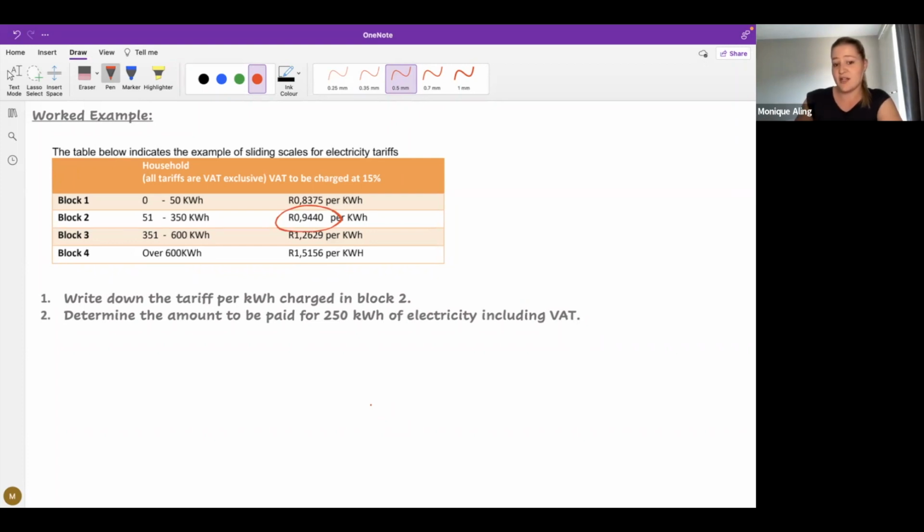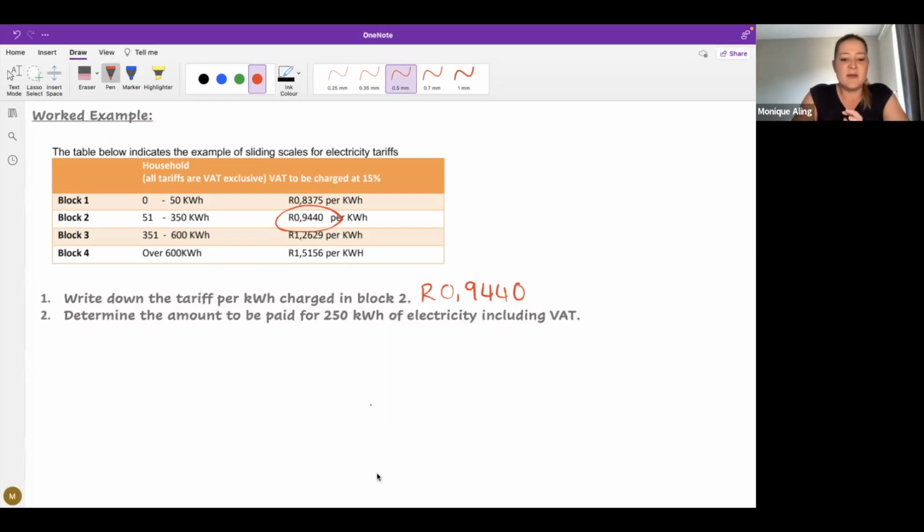Okay, so your answer for number 1 was just a basic reading level 1 type question, which is 0.9440. We keep all the decimal places because that's what the charge is. It's not our final answer after a calculation. Okay, so well done for everyone that picked up on that.